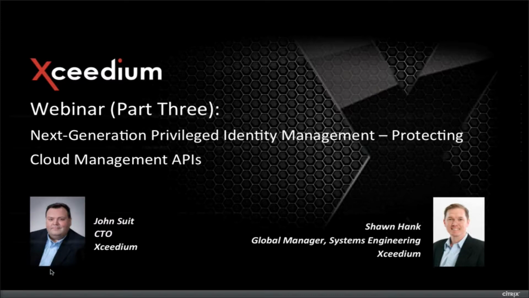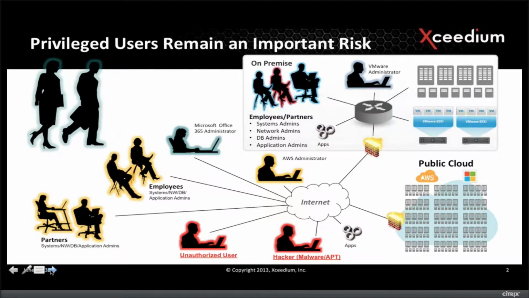So in our first 2 sessions of this 3-part series, we spent a lot of time talking about the risks that privileged users provide, and those aren't new risks per se. The idea of system, database and network administrators providing some extra risk that you need to manage has been around for a long time.